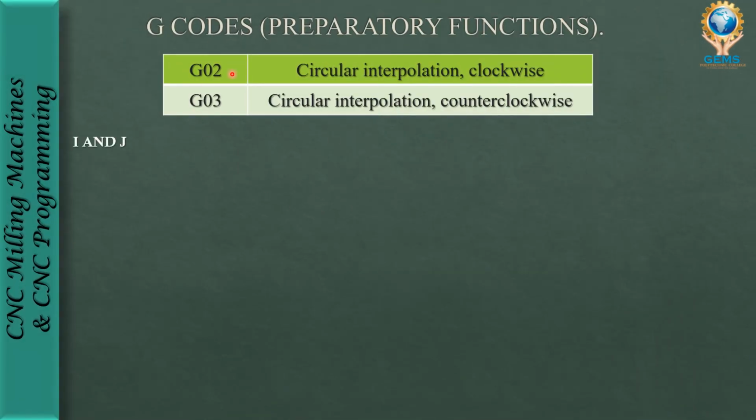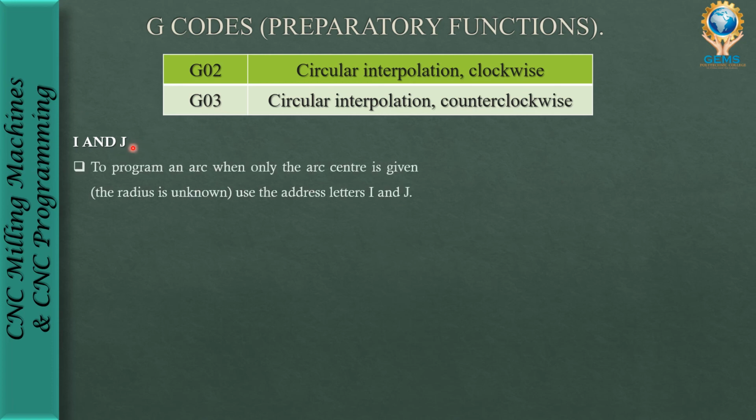In addition to G02 and G03, we are using two more variables called I and J, to program an arc when the arc center is given. To use the arc center, we have to use the letters I and J. For example, if you want to take a small curve in the edges, we need a center, or we need to specify at which distance or position the arc has to start.